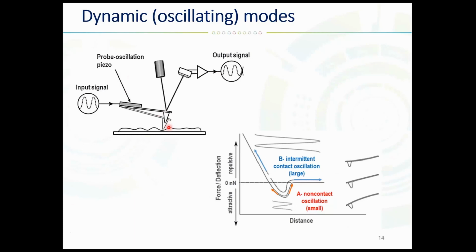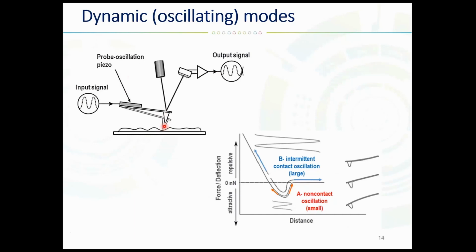When the oscillating probe approaches the sample surface, the oscillation changes because of the interaction between probe and sample. The change of this oscillation is called damping of the cantilever. What does it mean? This leads to a reduction in the frequency and amplitude of the oscillation.